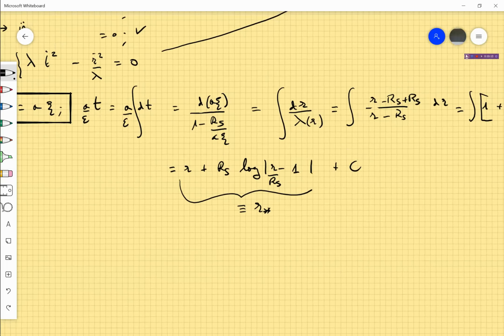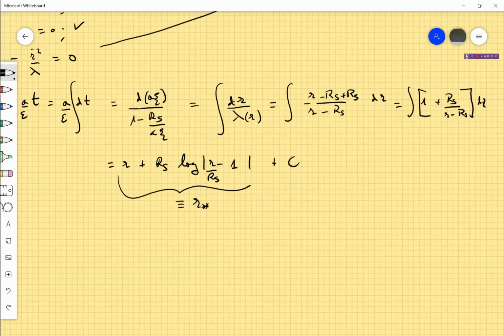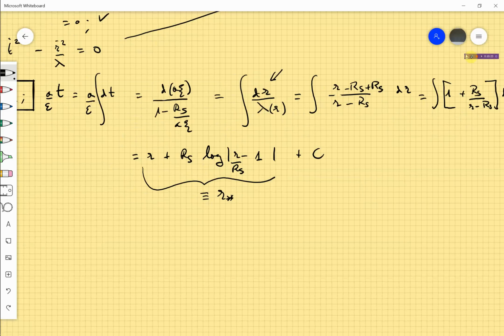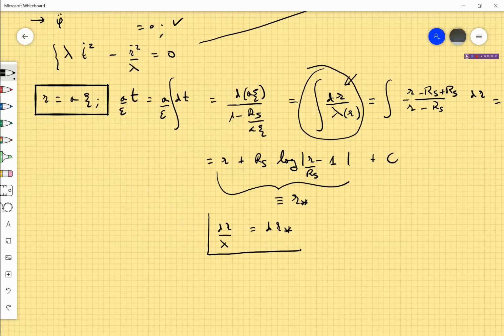The definition of this coordinate, well, it is this integral, but just look here, the main property, because this is the result of having integrated this expression. This means that dr divided by lambda is dr star, and this is the definition of the tortoise coordinate.